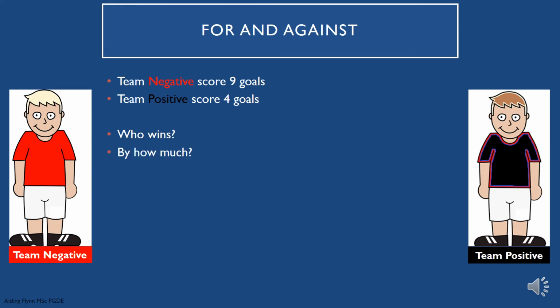So clearly negative wins and they win by 5 goals. So if we were to write that in maths, we have negative 9 and positive 4. Minus 9 plus 4. Okay, and negative wins by 5, so that's minus 5. So always ask yourself which one is more and by how much.